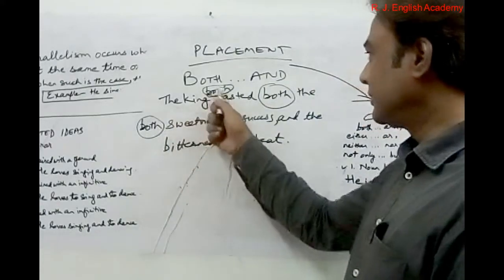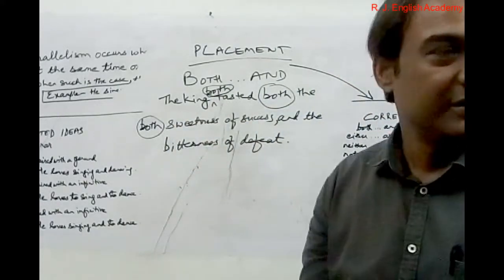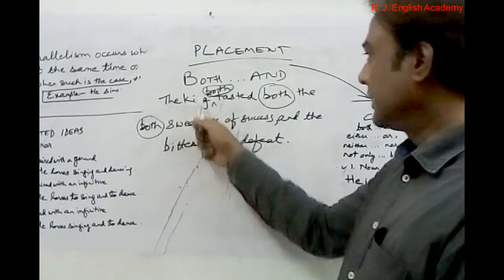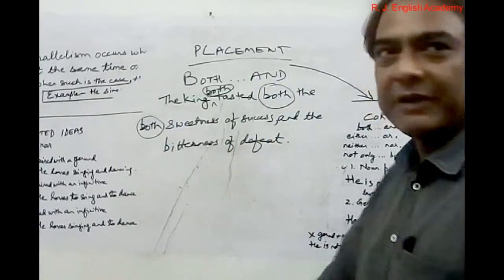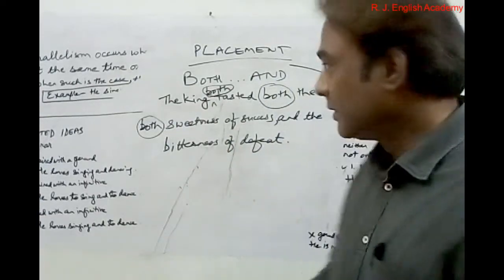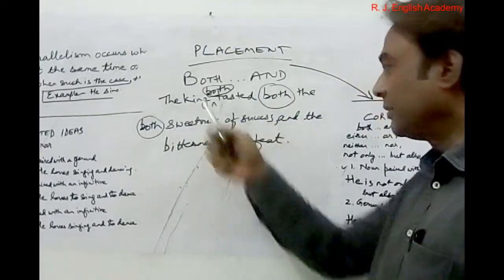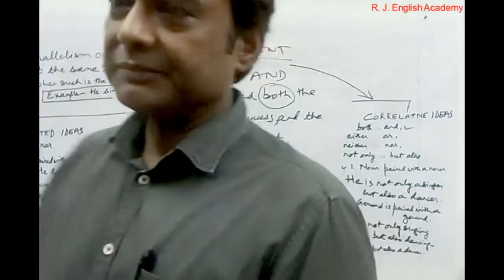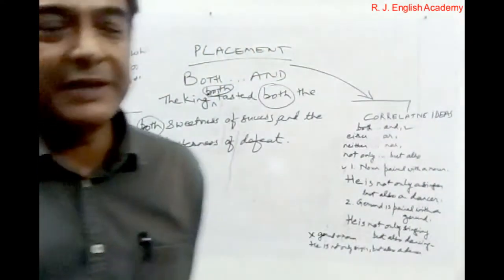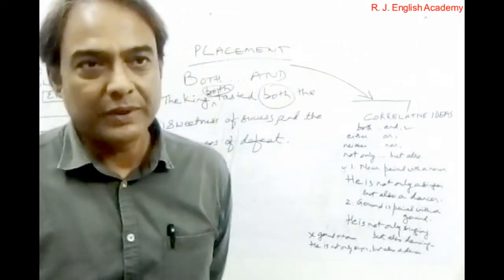The king both tasted the sweetness of success and the bitterness of defeat. Or, the king tasted both the sweetness of success and the bitterness of defeat. Or, the king tasted the both sweetness of success and the bitterness of defeat. We have three sentences here where both is placed at three different positions. Which one is correct?